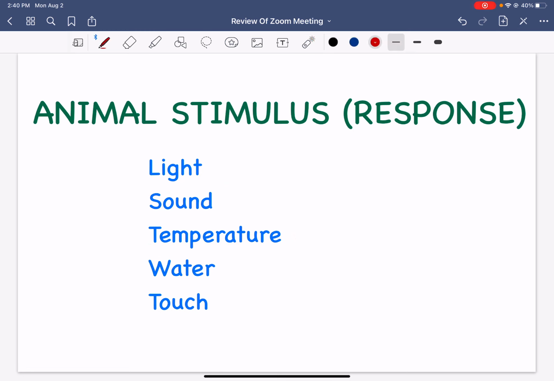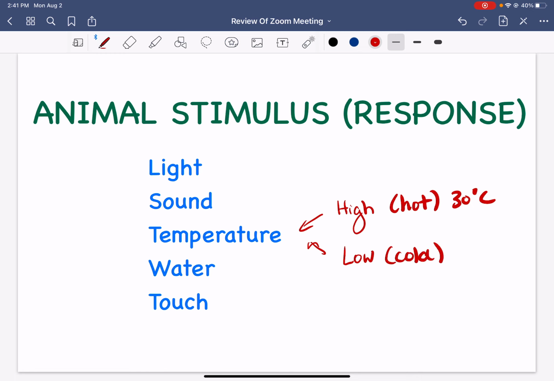Think about temperature. We think of high and low. When we say high temperature, we think of hot, maybe 30 Celsius. Low, we think of cold, maybe 0 Celsius, 10 Celsius, 14 Celsius.